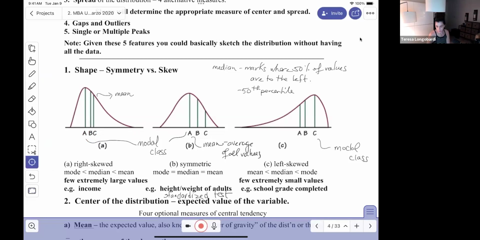And over here, which one is the mean, A or B? Which one will be the average? I don't have the exact numbers. It just will always be the case that A will be closer to the tail than the median.